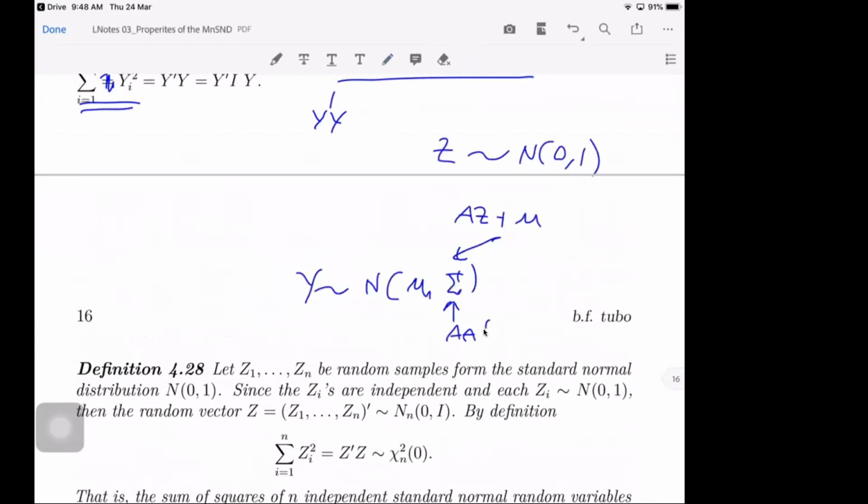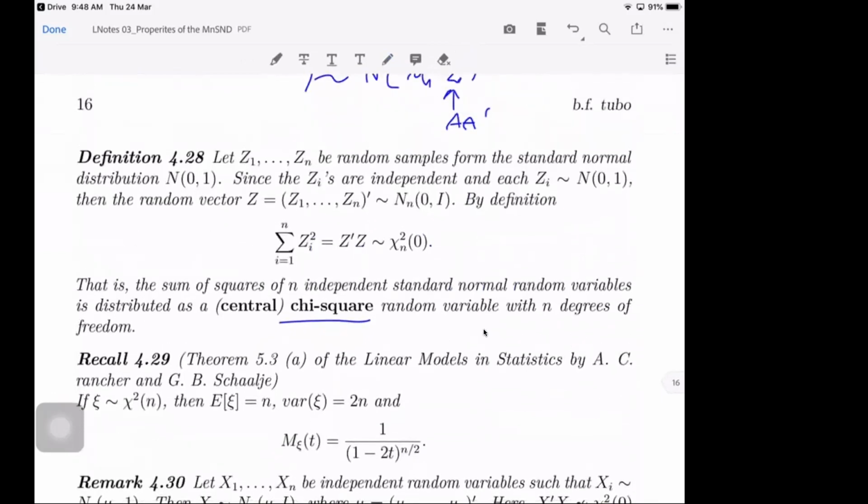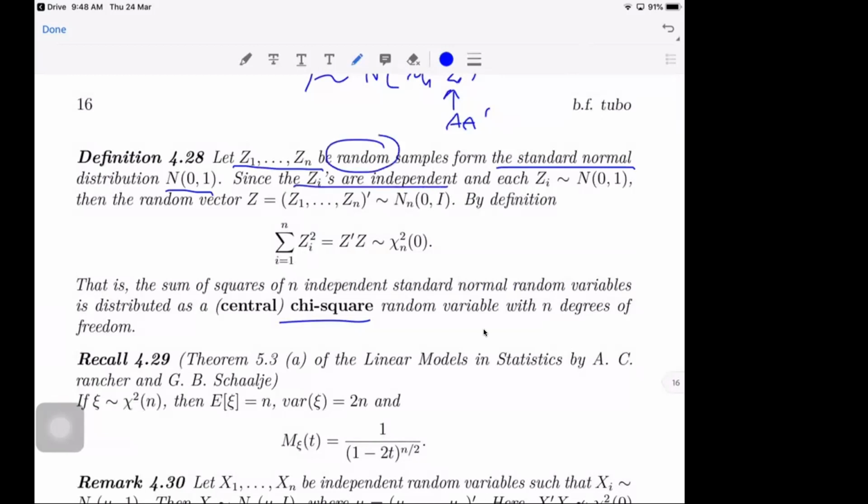But it's still normal. Pero pag quadratic form na, we start with a standard normal distribution, say z1 to z2, and random samples means that the zi's are independent and each of the zi are normal.